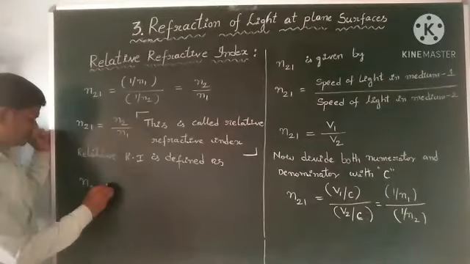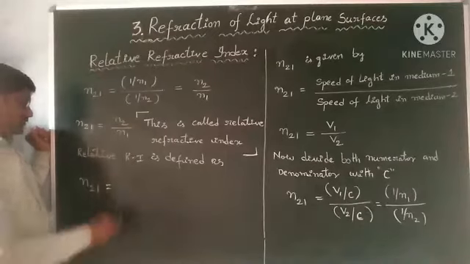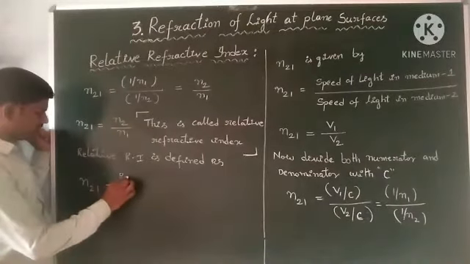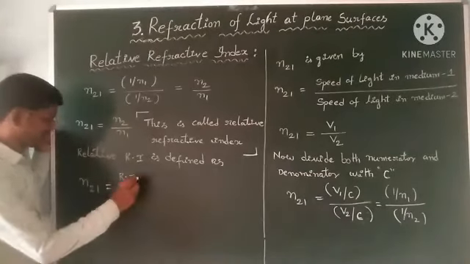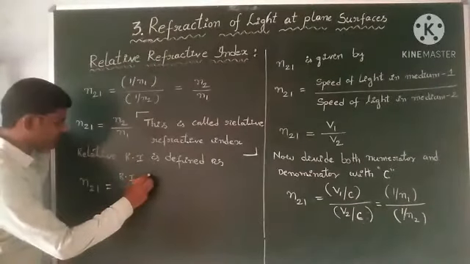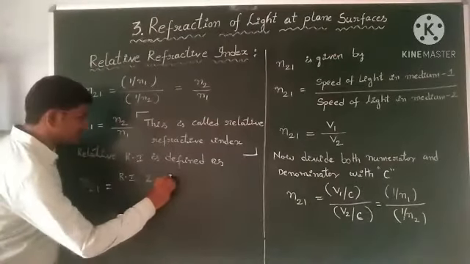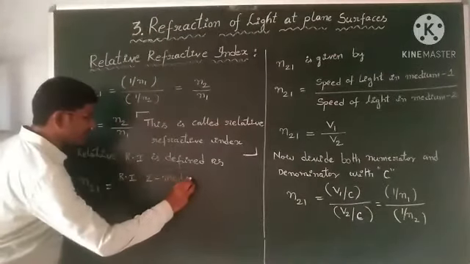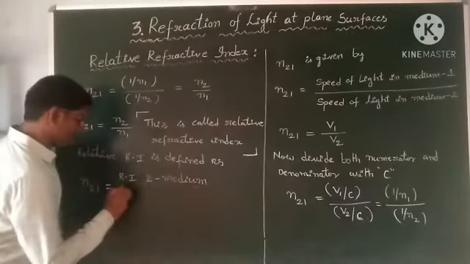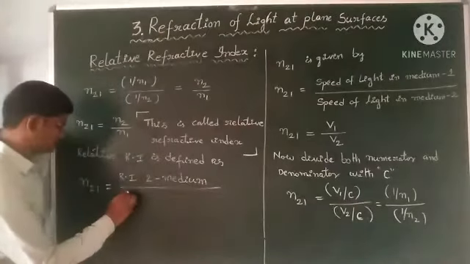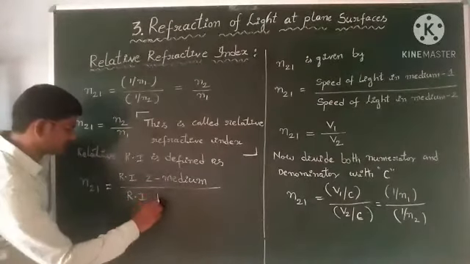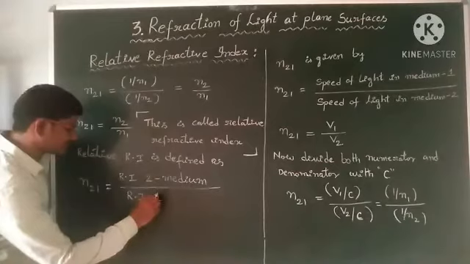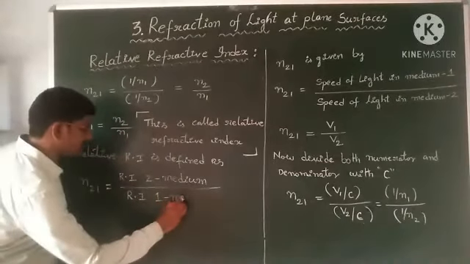n2 to 1, which is equal to refractive index of second medium by refractive index of first medium.